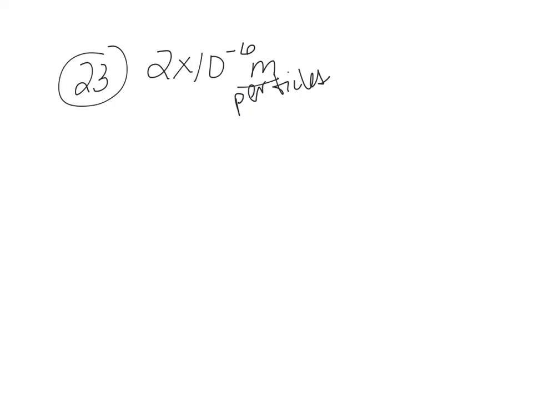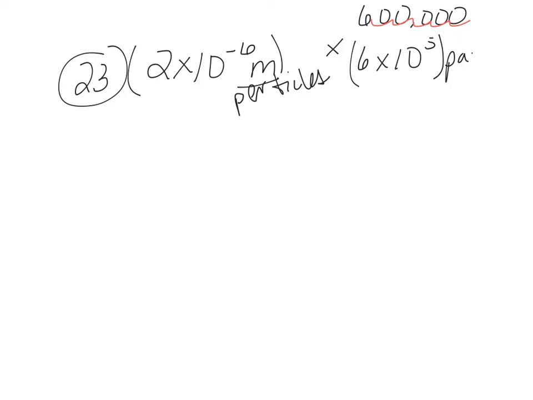That's the measurement of the size of the particles, and it's saying 600,000. If I put this into scientific notation, I'm going to go 1, 2, 3, 4, 5. So it's going to be 6 times 10 to the fifth. And this is particles per hour.